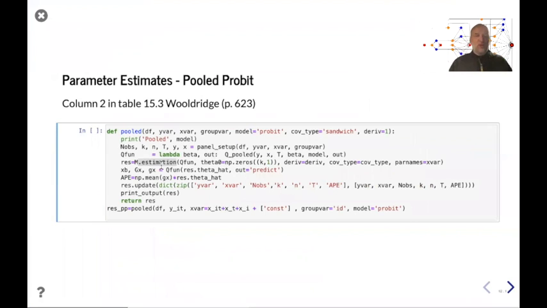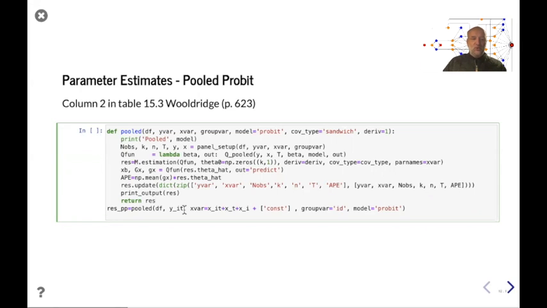This is what's going on there, and then essentially I'm just calculating some additional output, having estimated the model, like the predicted values of the response probabilities, calculating the average partial effects, collecting the whole thing in a dictionary, and then I'll print the output. There's a similar one for other types of estimators that has the same structure. Anyway, this is where we're going.